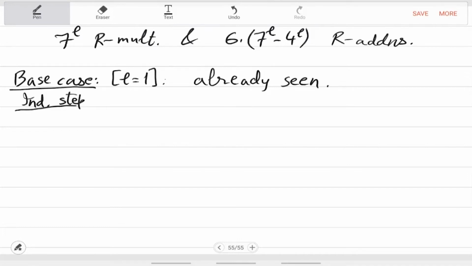The induction step is L minus 1 to L, where L is at least 2. Right, so how do you take this one step? So this will be the block structure application.